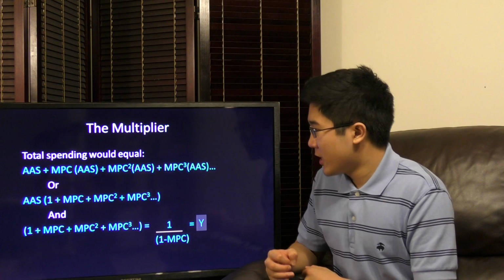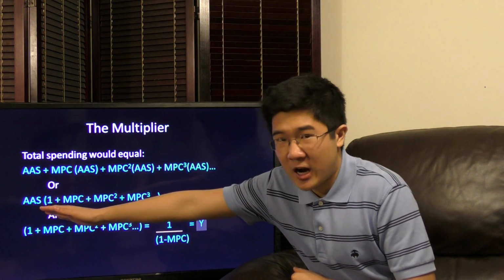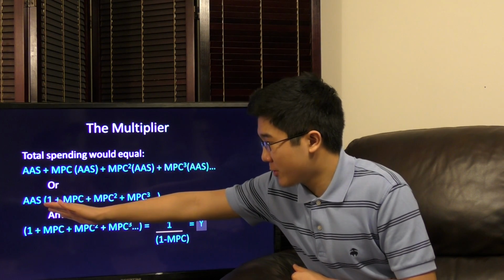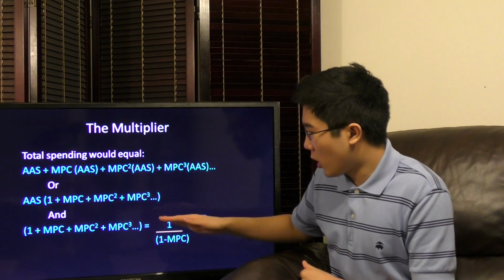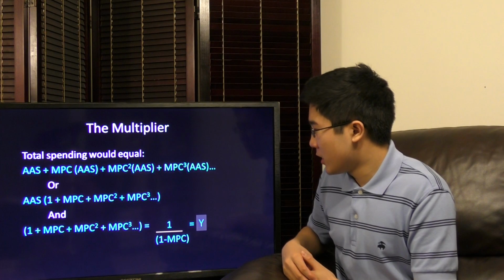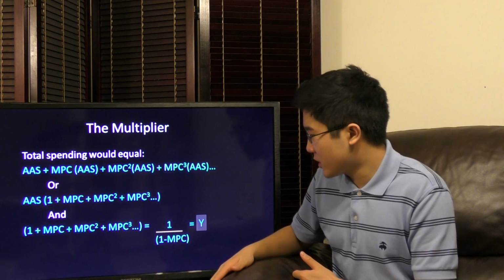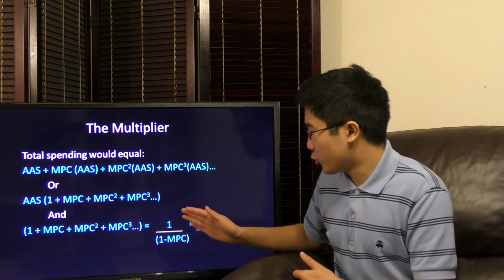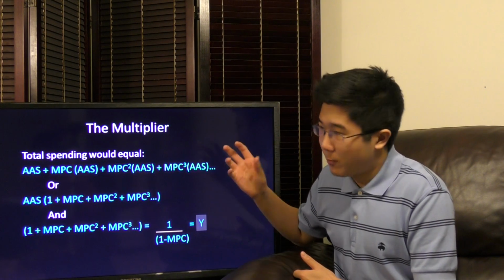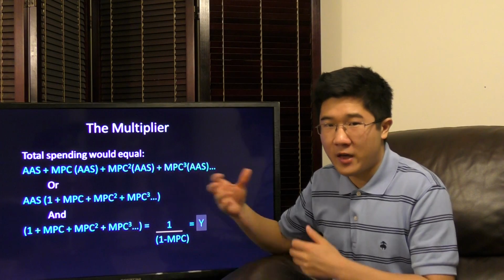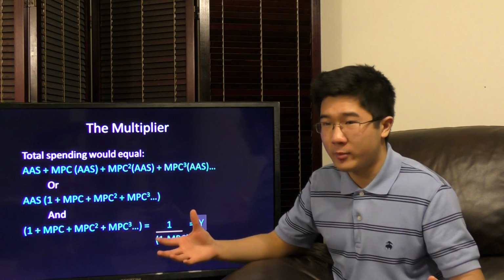This chain reaction is our change in autonomous consumer spending times 1 plus MPC plus MPC squared, and so on. This is a geometric sequence that eventually equals 1 over 1 minus MPC, and this equals our multiplier, which multiplies our $1,000 effect on the overall economy, or GDP.